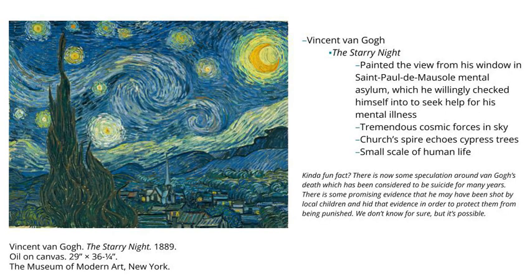And last but not least, for Vincent van Gogh, let's talk a little bit about his most famous piece. I'm sure you've all seen it before, which is The Starry Night. Now, The Starry Night was actually painted from the view from his window in the St. Paul de Mausole mental asylum, which he willingly checked himself into to seek help for his mental illness.